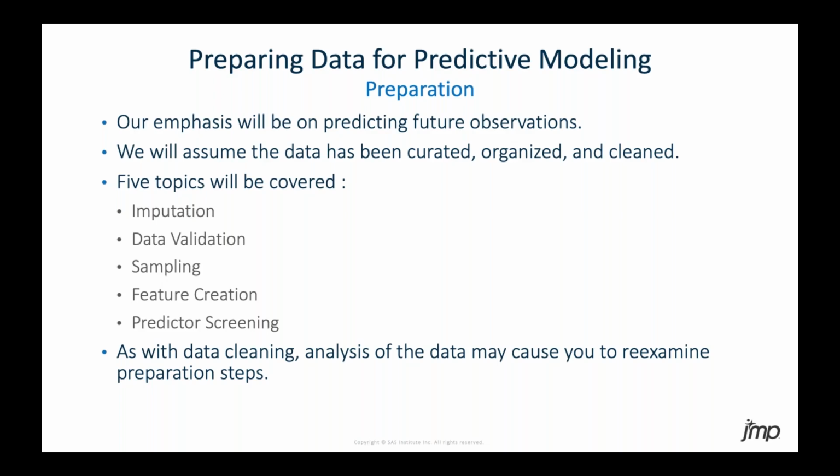You might find that there are better ways to do data validation, data sampling, feature creation, and so on. So even though I'm presenting this in a linear fashion, it really is very iterative.